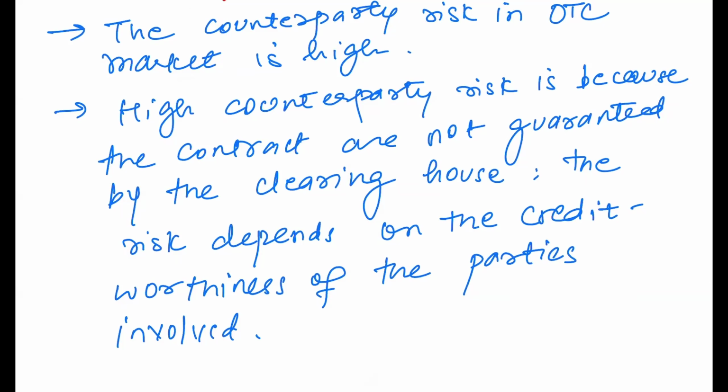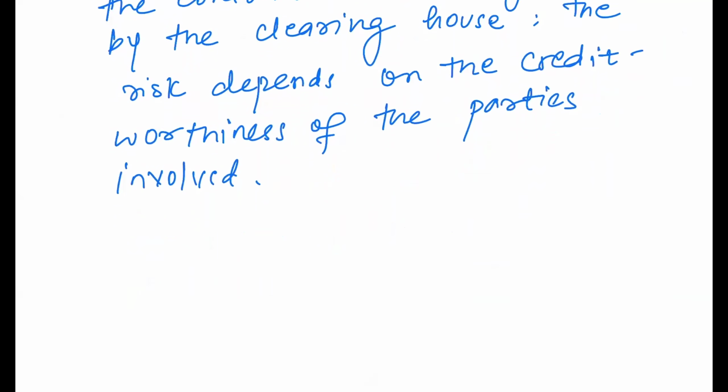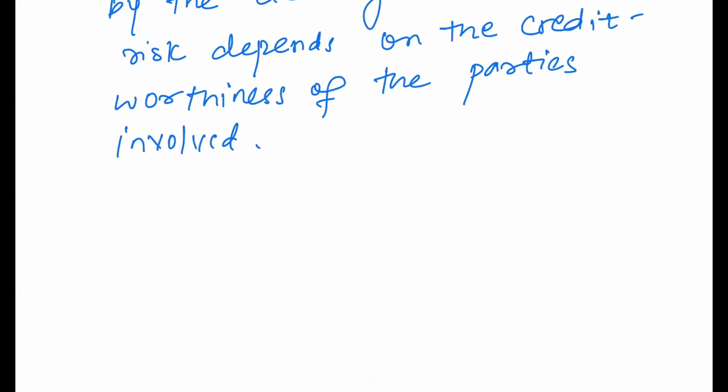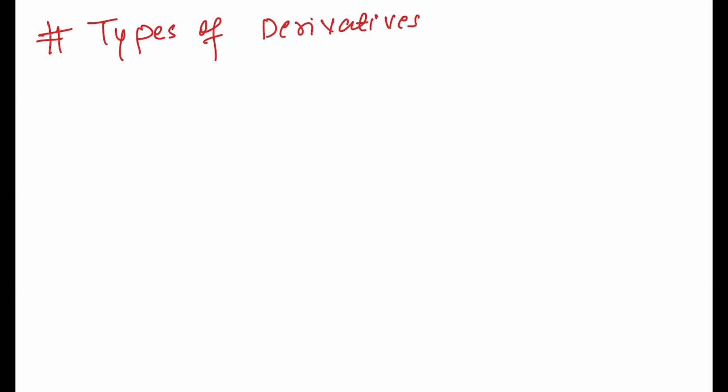So now let's move to what are the different types of derivatives. Now let's understand what are the different types of derivatives that are traded in the financial market. And when I say the financial market, I mean both exchange and over the counter.